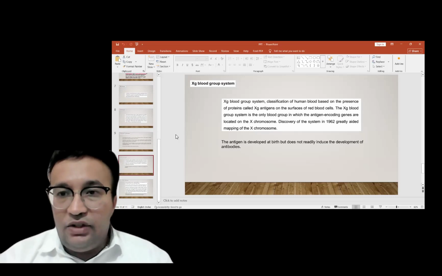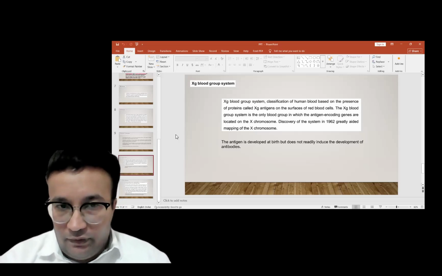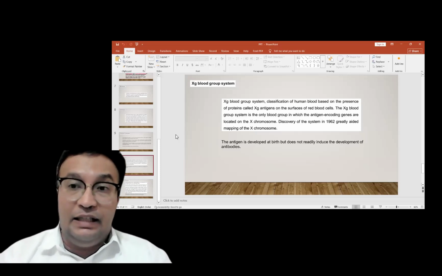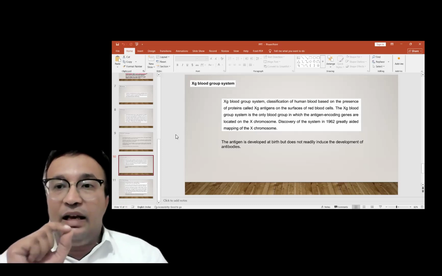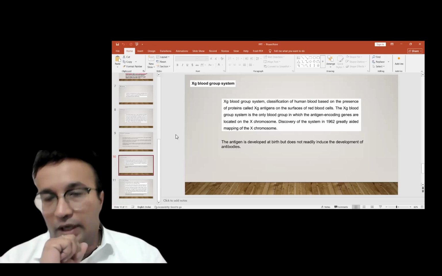So here, of course, XG antigens are specialized antigens on the surface of RBCs. Okay. And surprisingly, these antigens are connected with the X chromosome. That means they are encoded by the genes of the X chromosome. Okay.